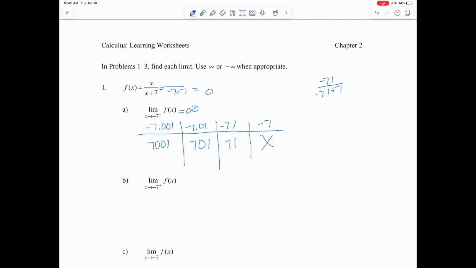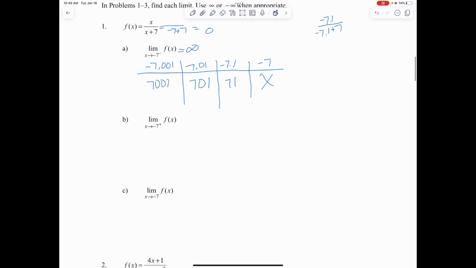Let's look at it from the right. Same thing. So at -7, we get a 0 on our denominator. But what happens if we look just a little bit to the right? So we go -6.9. -6.9 over -6.9 plus 7.